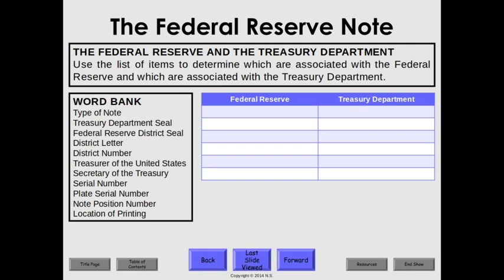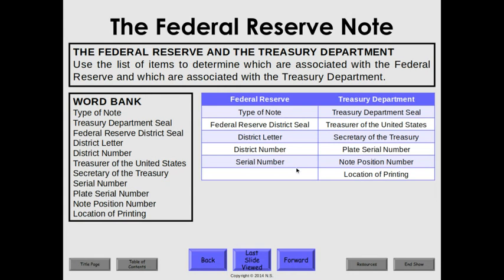Now, the Federal Reserve works alongside, sort of parallel to, the Treasury Department. So some things are reserved for the Fed, the Federal Reserve, no pun intended, and other things for the Treasury Department. The Federal Reserve determines type of note, district seal, district letter, district number, serial number, and then on the dollar, the Treasury Department is in control of the department seal, et cetera.